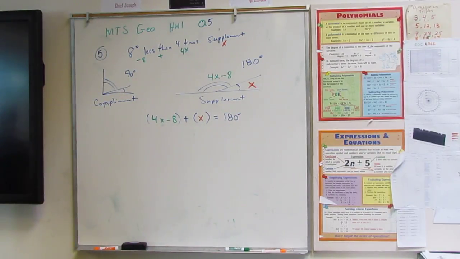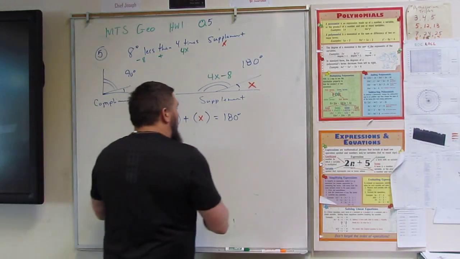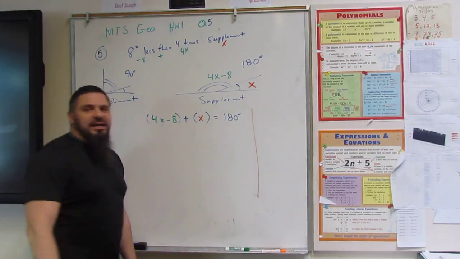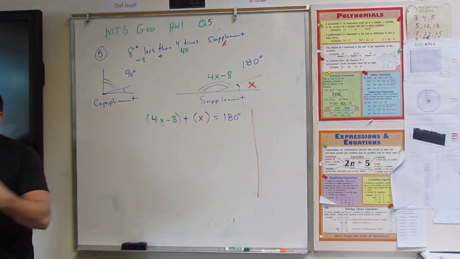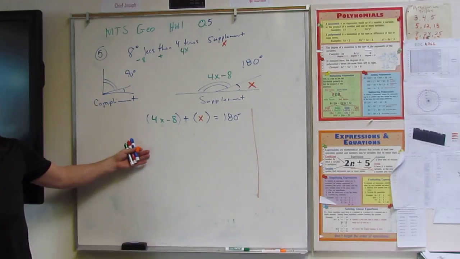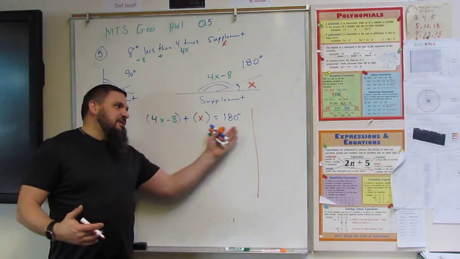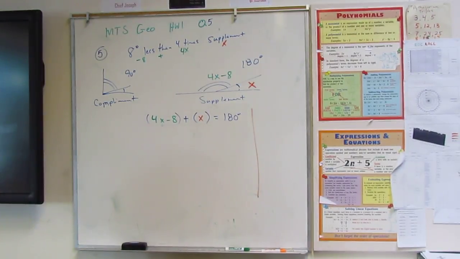That's it. Now we just do the math. But before we can do the math, we need to say what lets us say that. What lets us say that 4X minus 8 plus X is 180? Why can we say that?